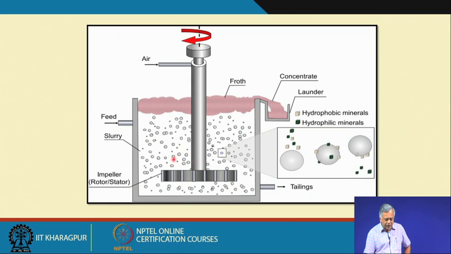When the impeller is rotating, it creates a motion in the entire slurry, and because of that the particles will not settle because of their masses. You are trying to create a turbulent atmosphere here, so that the particles are not allowed to settle because of their size and density.